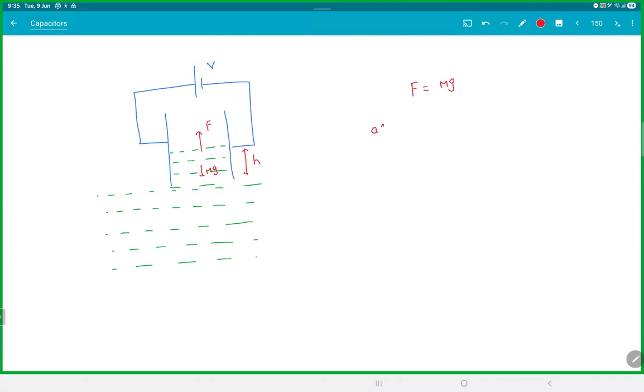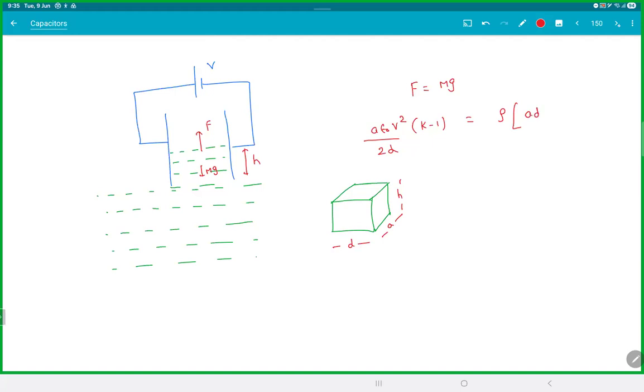What is the force? A epsilon V square by 2d into (k minus 1). What is mg? Density into volume. What is the volume? The volume would be this entire slab. This was distance d, this was the side of the plate, and this was height h.